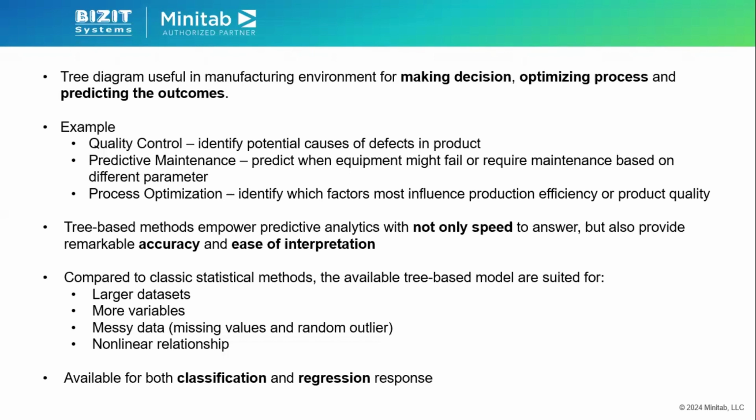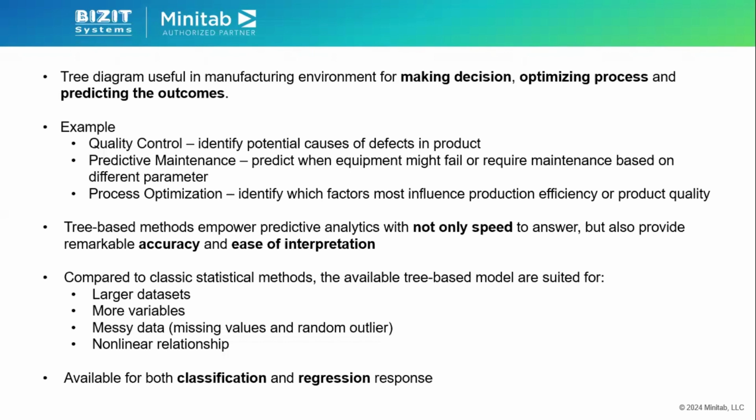And for example, another example maybe for predictive maintenance. Okay, we always act after the machine has failed. But now, using tree-based or predictive analytics, maybe you can act before your machine breaks down.